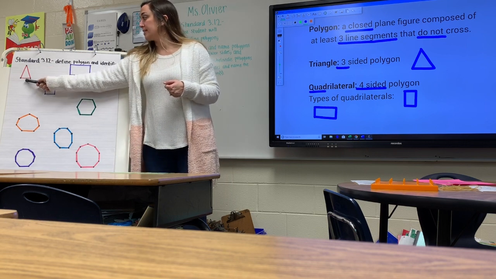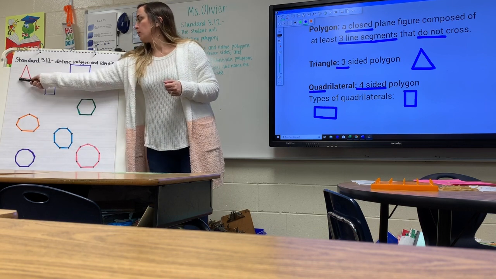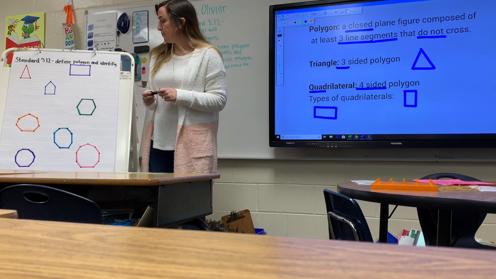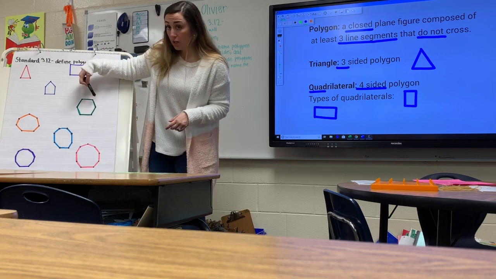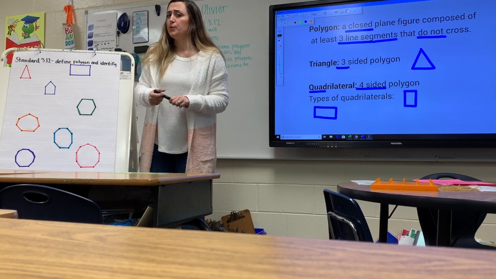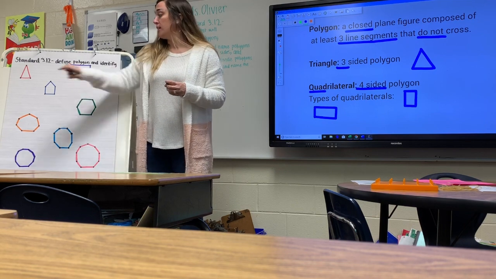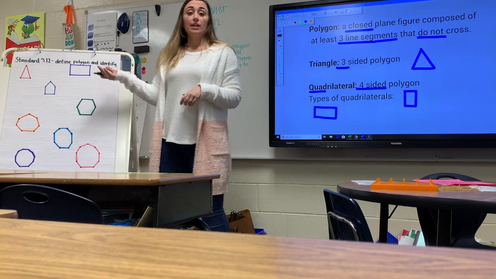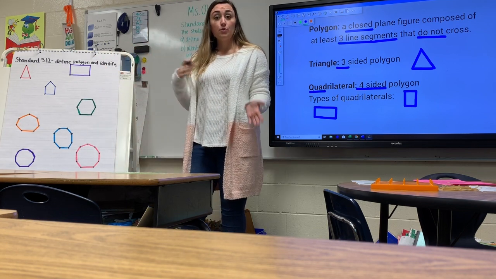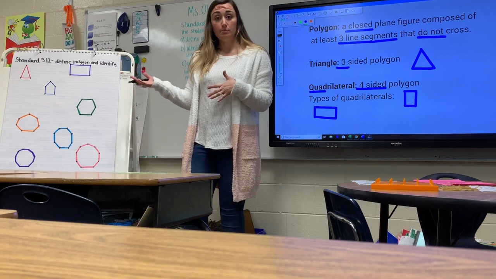It has 3 sides. I made these little points so you could tell how many sides there are, because as you can see, when we get lower, there are a lot more, so it's easier to count that way. So correct, right here we have a triangle, and I'm going to write this on here, and we're going to keep this up all week. That way if you need to reference it, this will be your reference material.